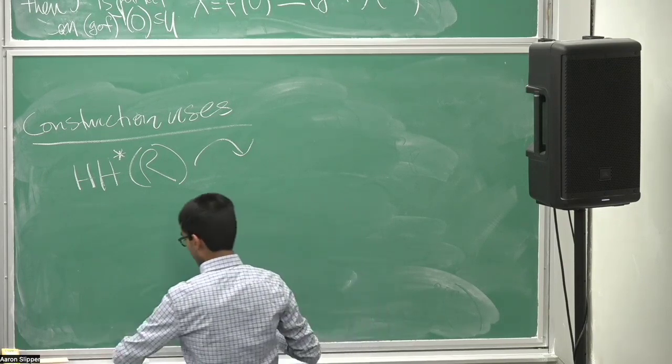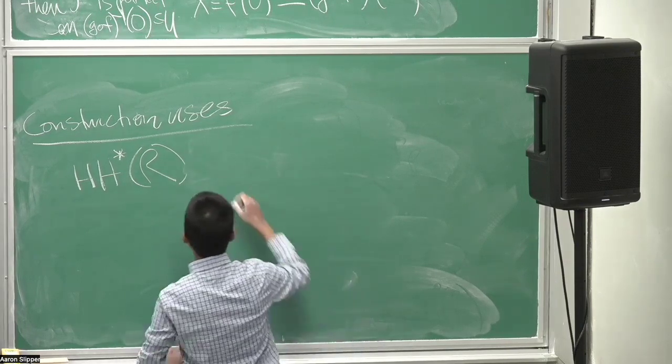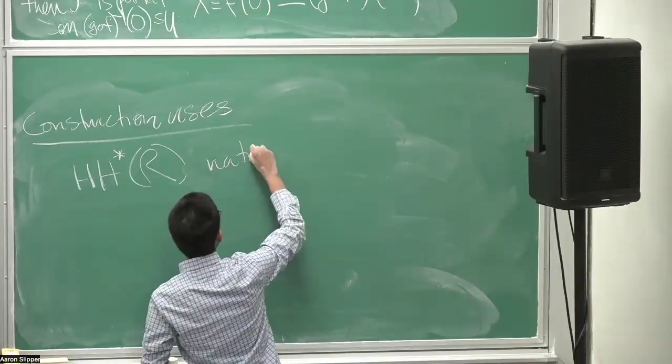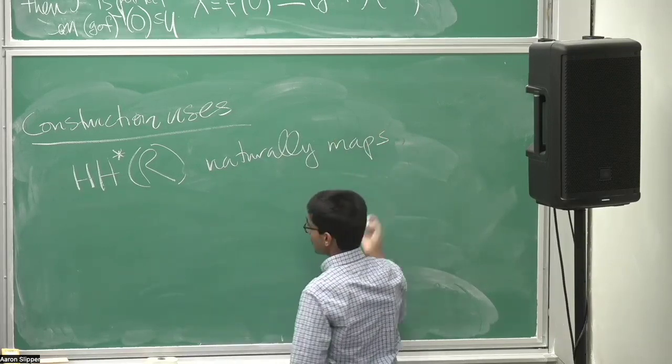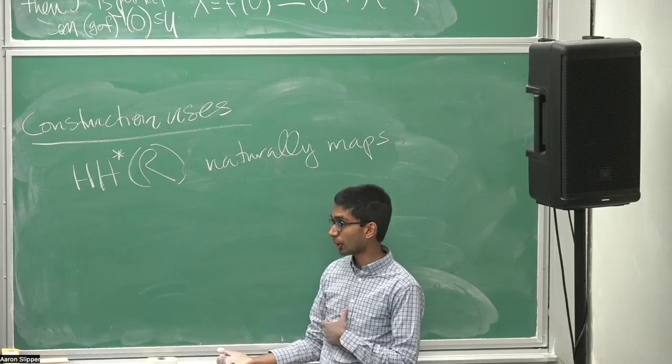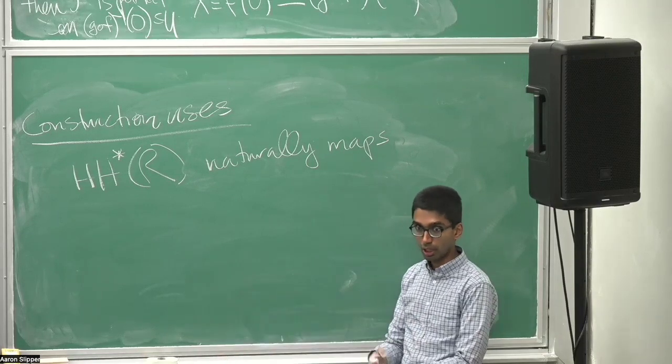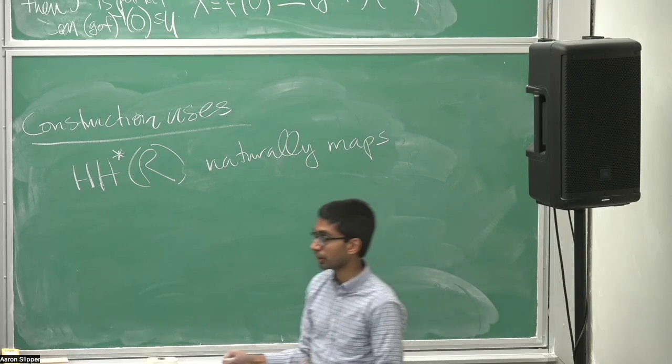So the Hochschild cohomology of R naturally maps to endomorphisms of the identity functor on R modules, in particular on coherent R modules, and then on ind-coherent R modules by extension.